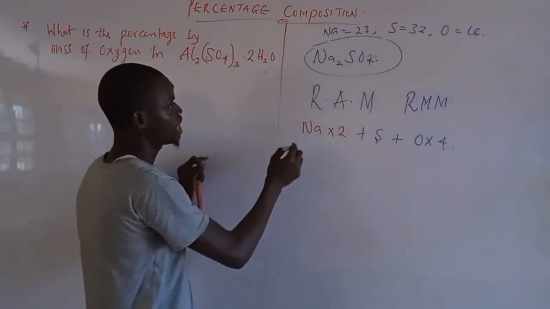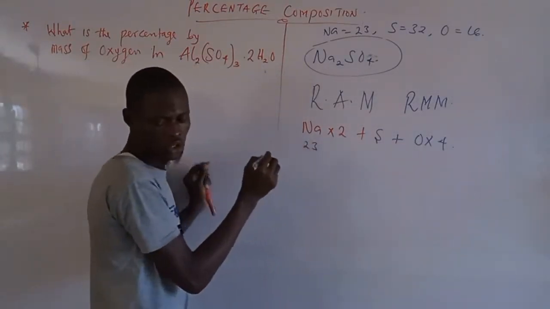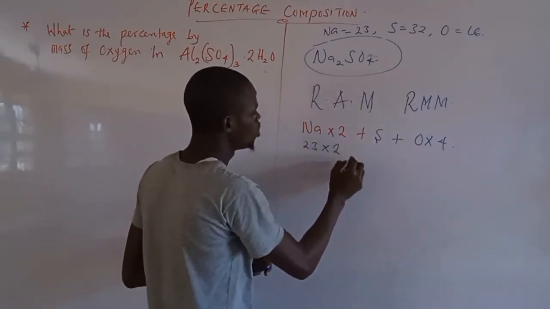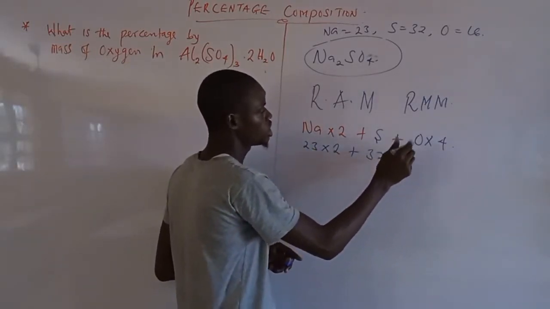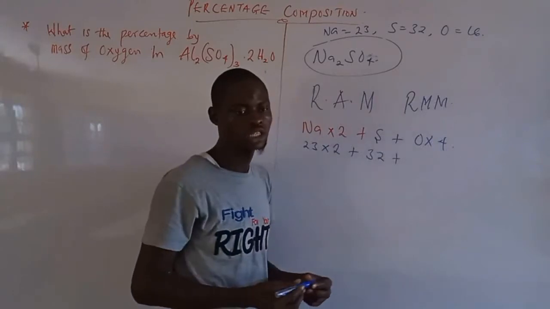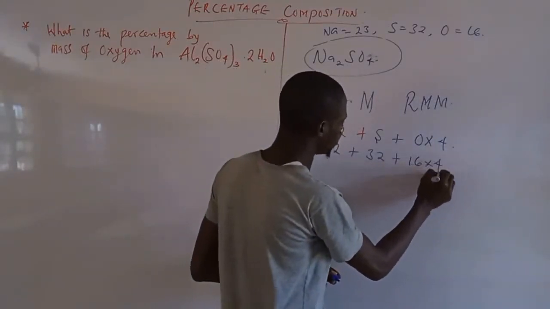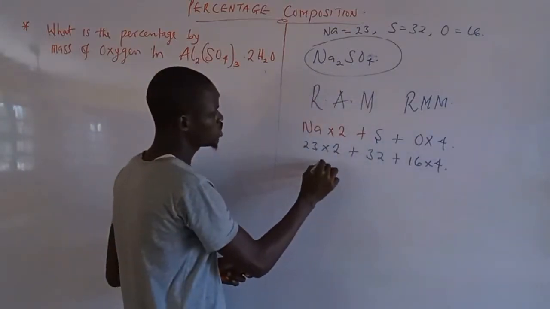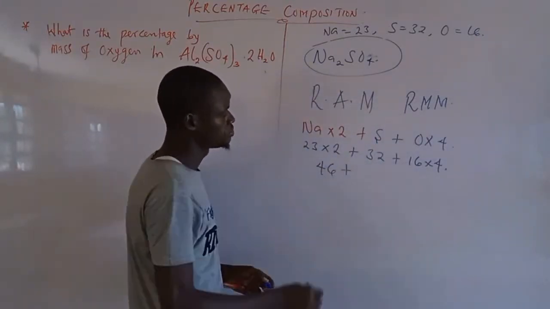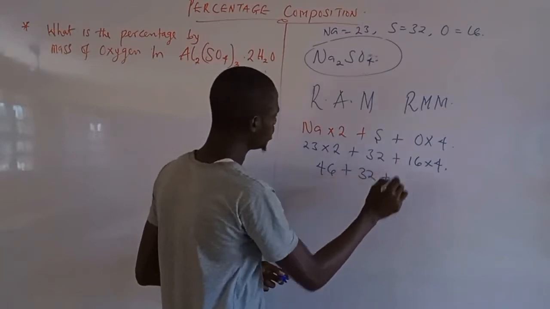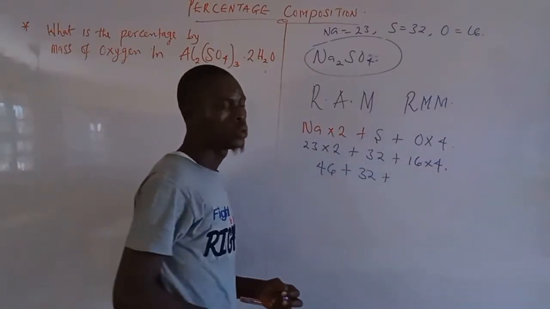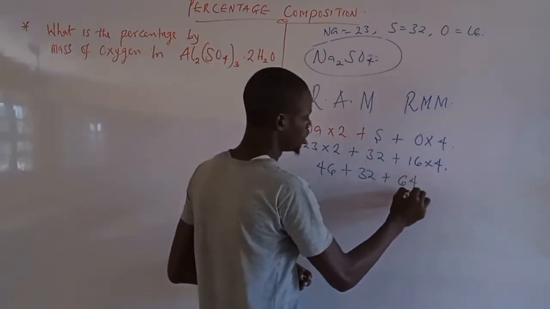Sodium is 23, so 23 times 2 plus 32 plus oxygen times 4. Oxygen is 16 times 4. This is 46 plus 32 plus 16 times 4, which gives 64.